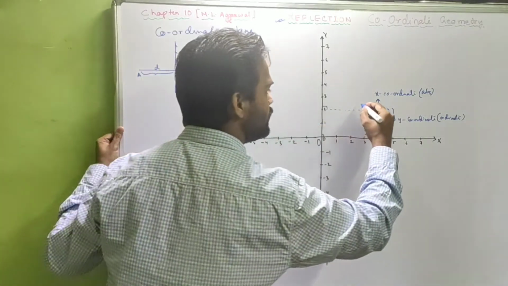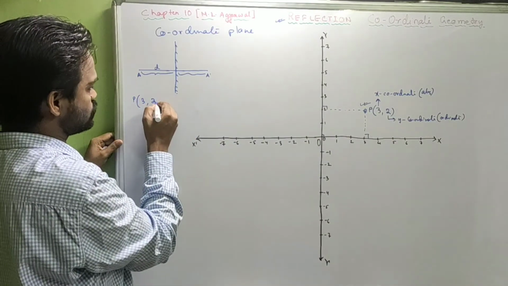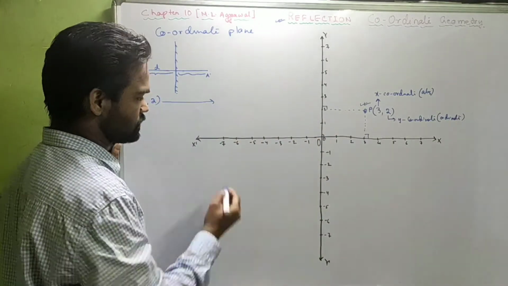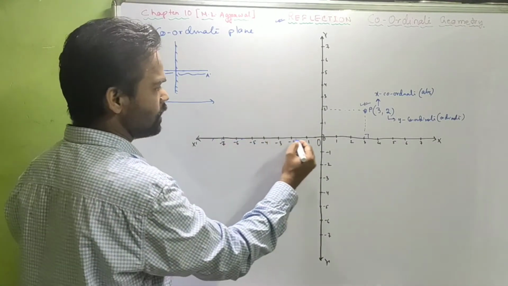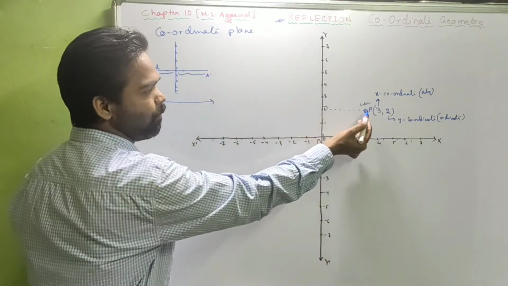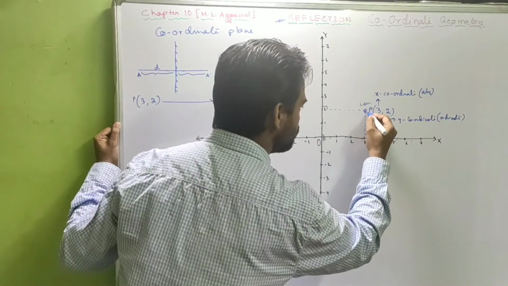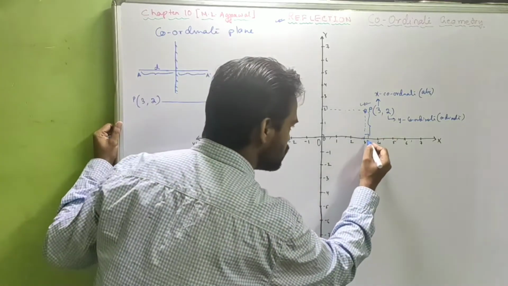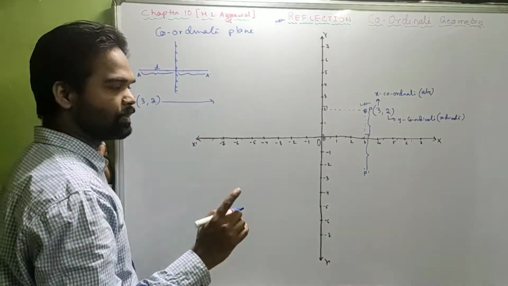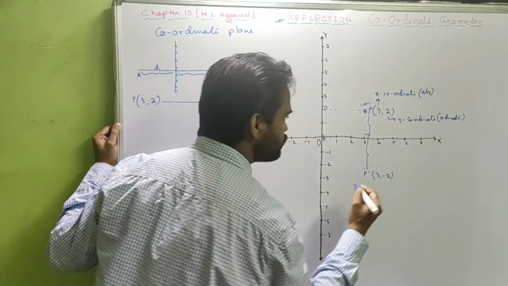Now suppose the point P (3, 2) is reflected in the x-axis. So your x-axis becomes your mirror, and this point will be reflected over here. If this is 2 units, then over here, suppose the image is P dash, then P dash will be (3, -2).